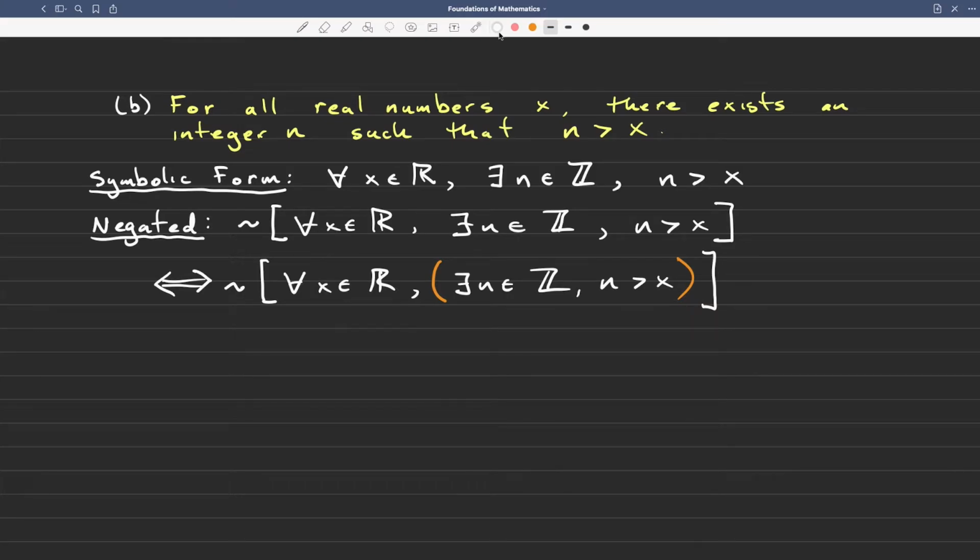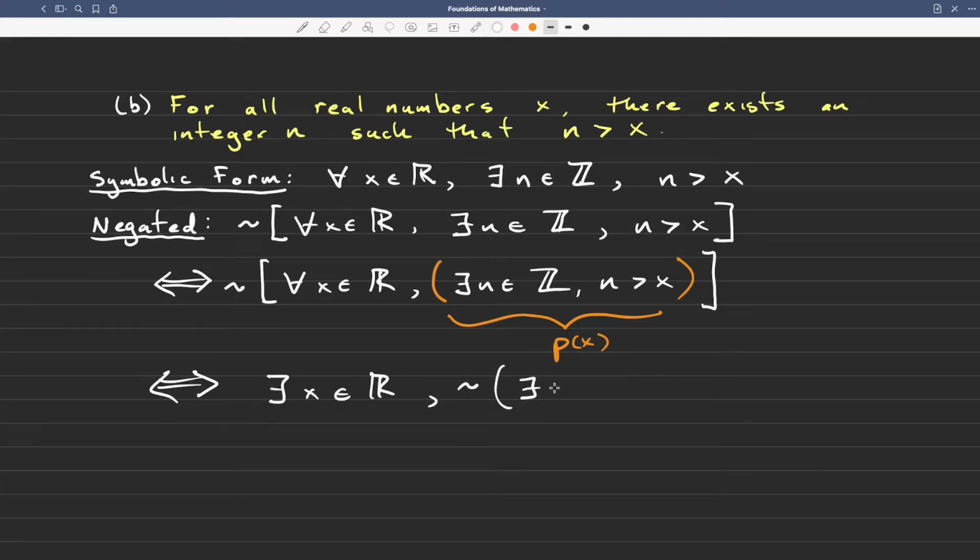And I'm going to think of this bit as my p of x, okay? And so how do I negate for every x, p of x? Well, I flip the quantifier, so it becomes there exists an x in the reals. And then we have to negate the p of x, so negate there exists an n in the integers such that n is greater than x.